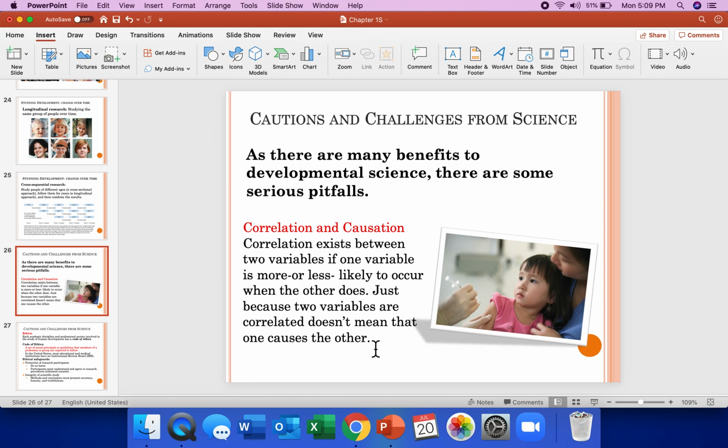This is very critical when we talk about vaccination. At one point, people were refusing to vaccinate their children because they were misled to believe that vaccination caused autism.